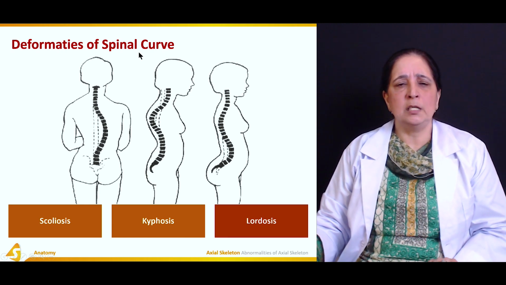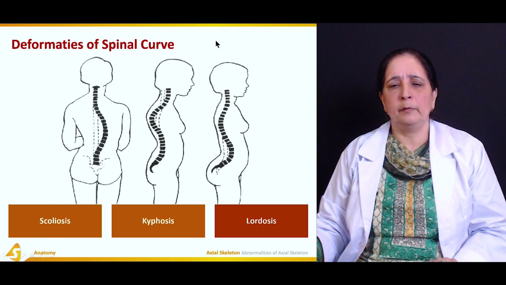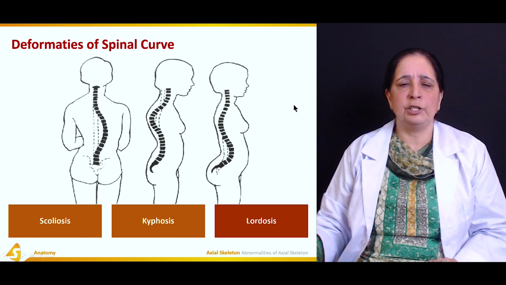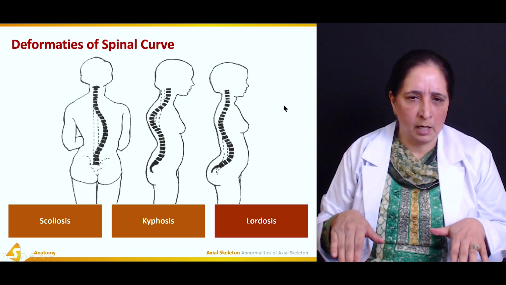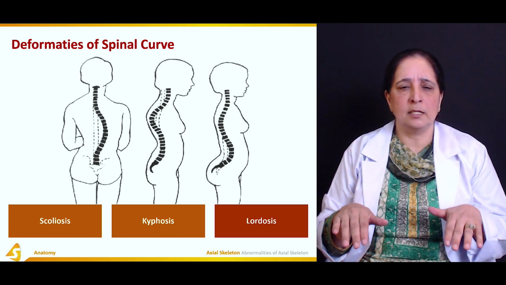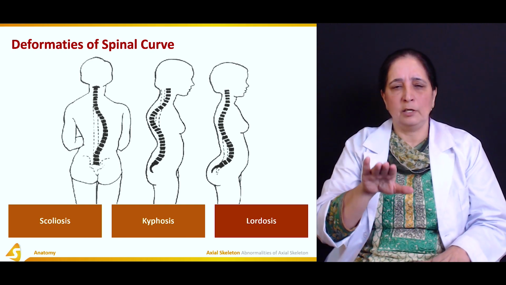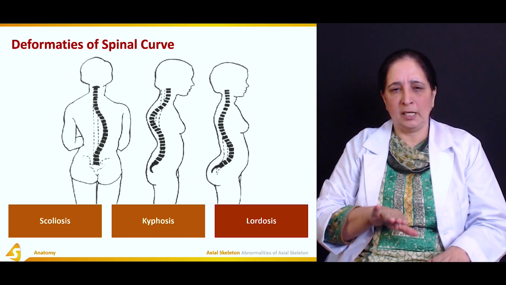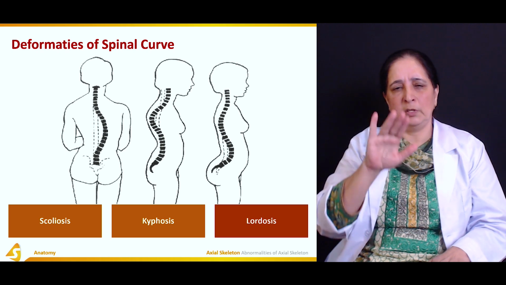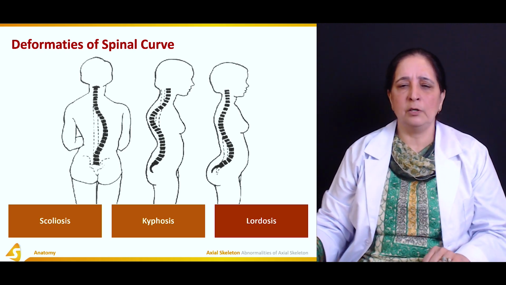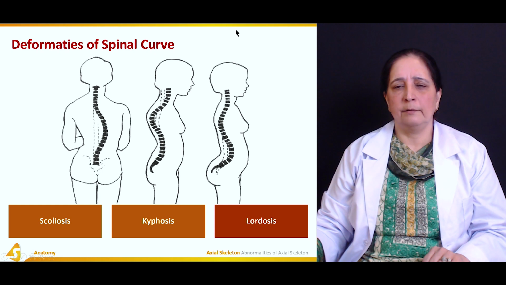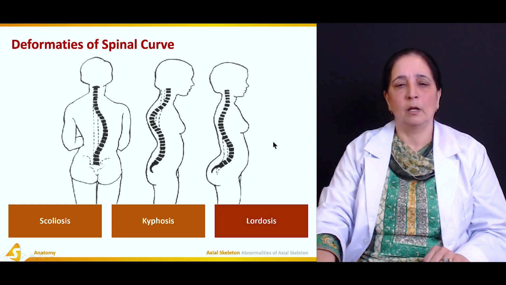Pediatricians check for deformities by telling the child to bend over and touch their hands to their feet, and they follow along the back to see if it's straight or deviating to the side. So it's important to find out the curve of the vertebral column.